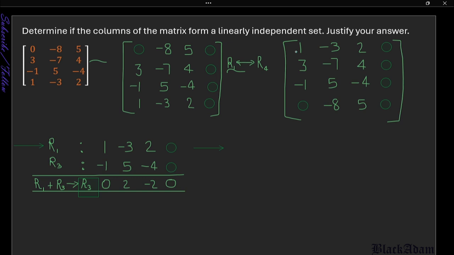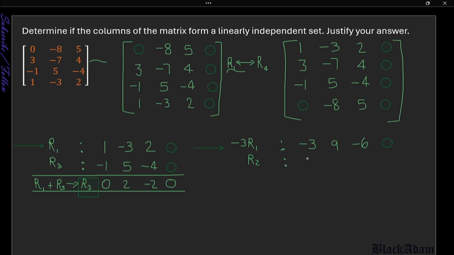Next, we're going to multiply row 1 by -3 so that the first pivot positions will cancel. -3 times row 1 gives us -3, -3 times -3 is +9, -3 times 2 is -6, and 0 times -3 is 0.